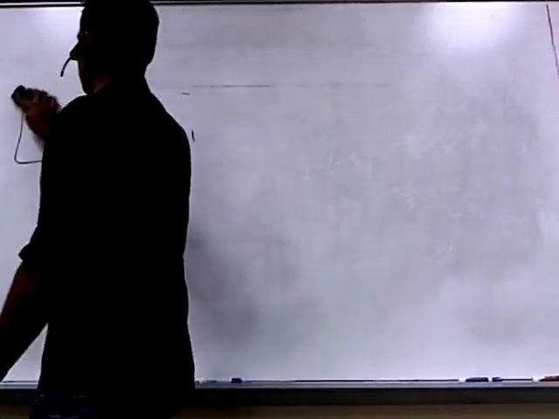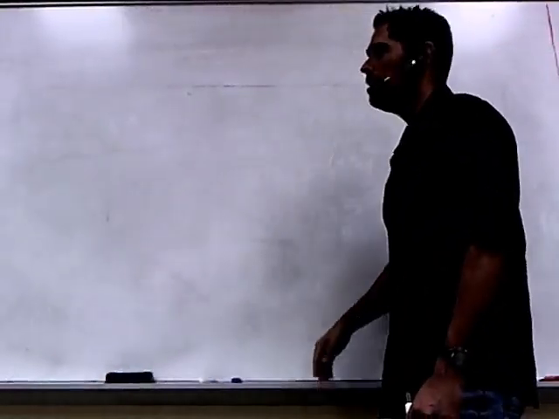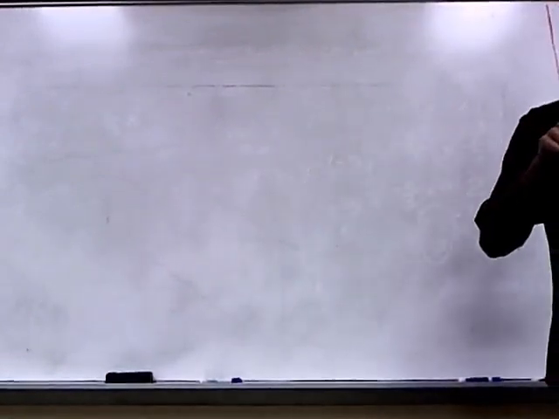Now, I want to do the same exact problem. I'm not going to take it all the way this time, but I want to do the same exact problem we just did, but instead of parallel, I want perpendicular.